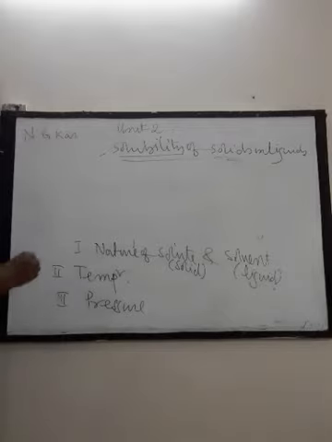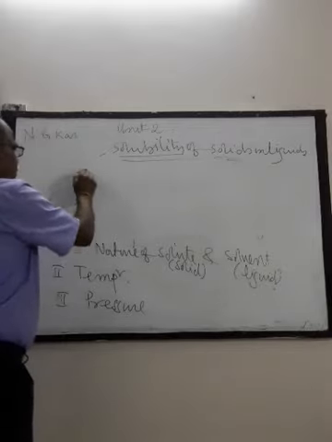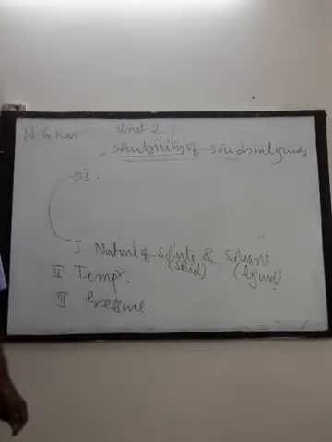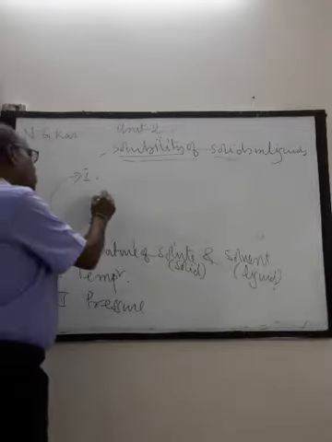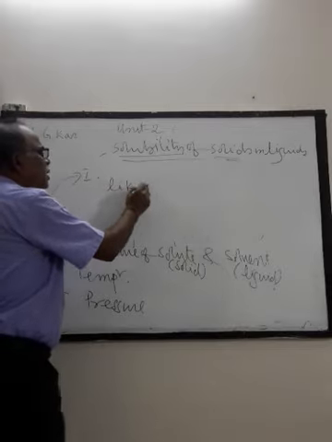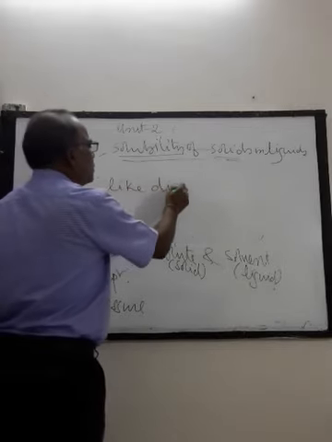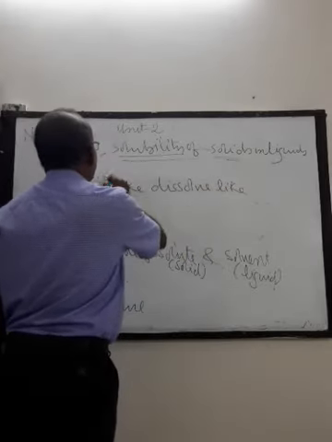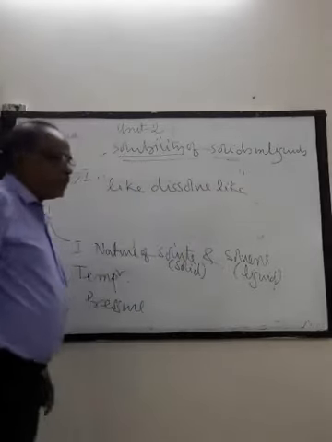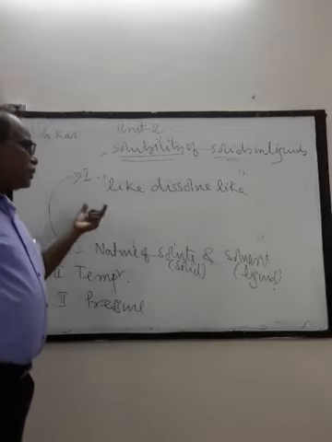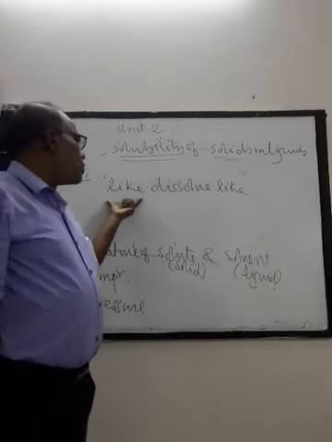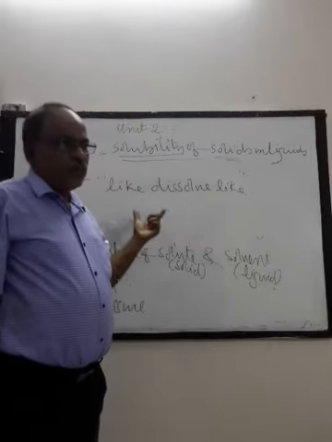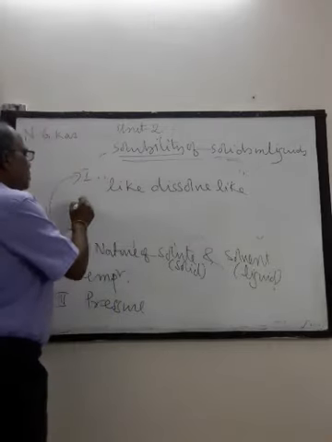So first point, that is nature of solute and nature of solvent. Here a basic principle is used, which is like dissolve like. What is like dissolve like? That is both solute and solvent are of similar kind. For example, there are two types.